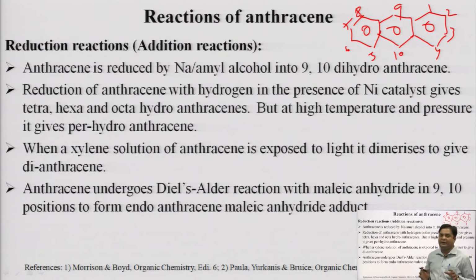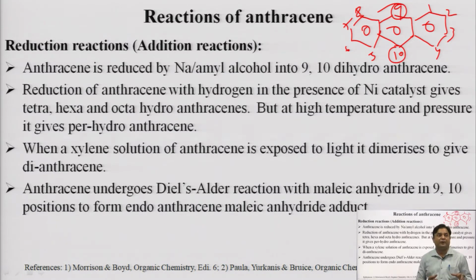You can see the previous lecture for that. I have already said that the 9 and 10 positions are the most reactive, and most reactions of anthracene occur at the 9 and 10 positions. Reduction means the addition of hydrogen or the removal of oxygen. Anthracene can be easily reduced by sodium metal and amyl alcohol. In that reaction, hydrogen atoms are added at the 9 and 10 positions and we get 9,10-dihydroanthracene as a product.